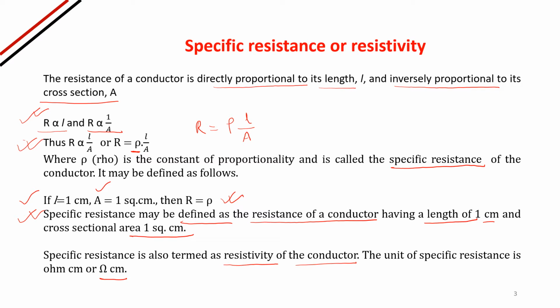So from this formula, I can write rho equals R into A by L. The unit of R is ohm and A is centimeter square divided by L in centimeter. Now centimeter gets cancelled. We are getting ohm centimeter. So the specific resistance has the unit ohm centimeter. Am I clear?